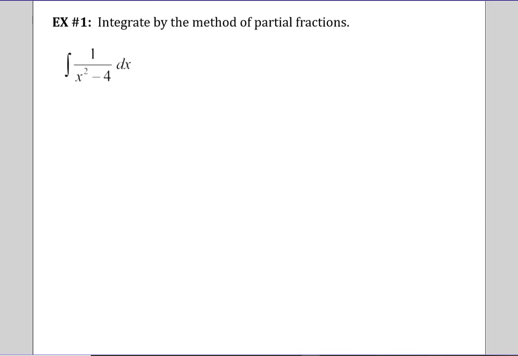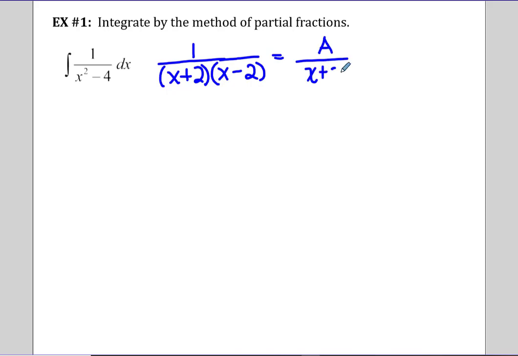If we want to integrate by the method of partial fractions, the first thing we want to do is to rewrite that expression as 1 divided by our linear factors, which is x plus 2 times x minus 2. And we want to create some real number up here, where x plus 2 and some other real number, x minus 2, where these two terms total this amount.